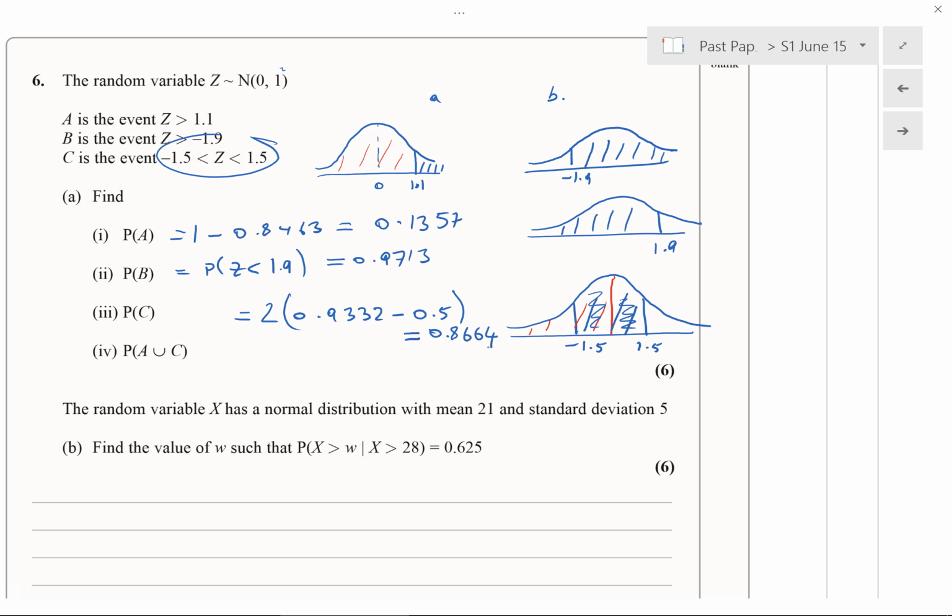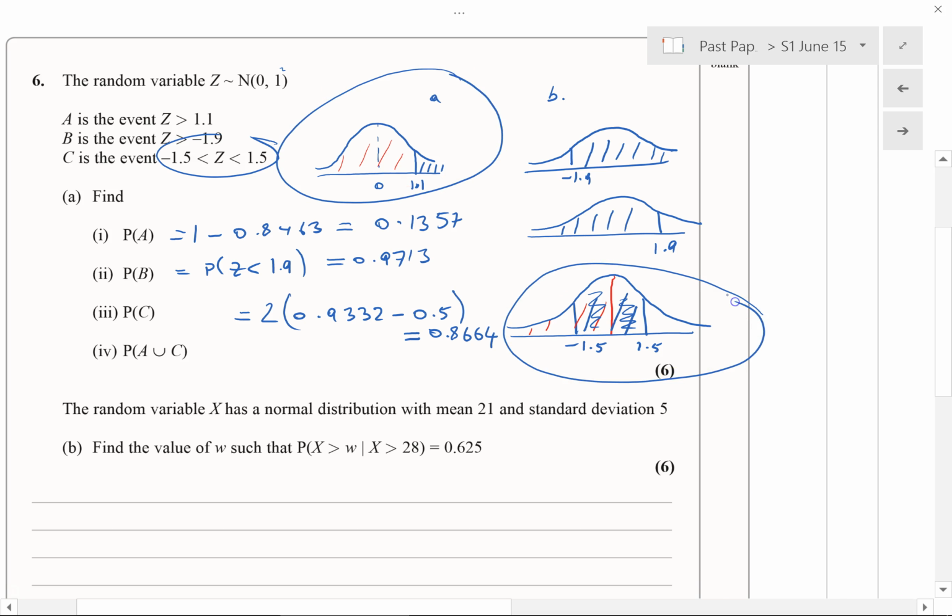Right, then finally, A union C, that's interesting. Well, what we're actually doing is combining two of these, this result here and this result here.